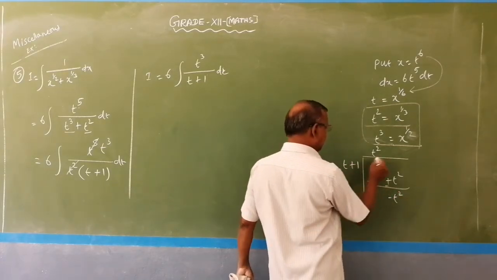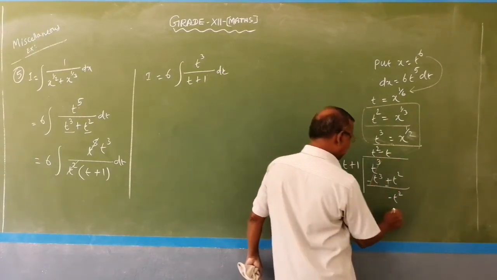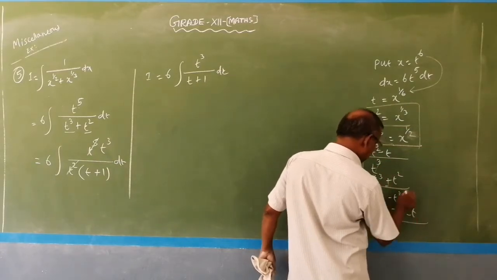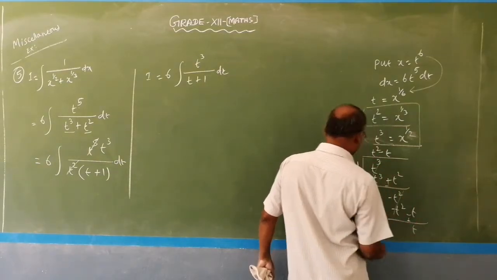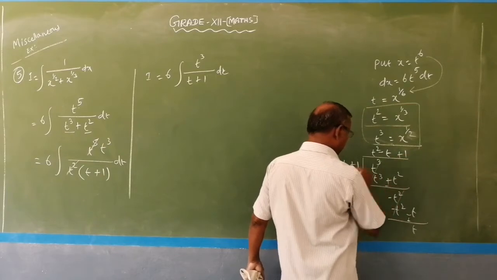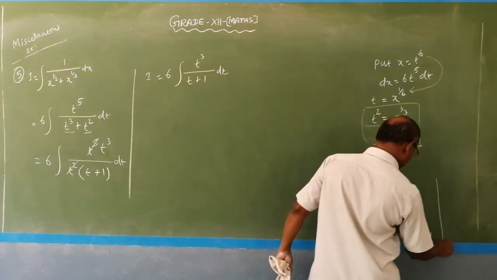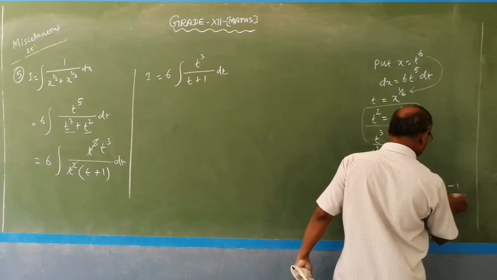So minus t square means minus t, and this is plus t, so plus 1, so the remainder is minus 1.